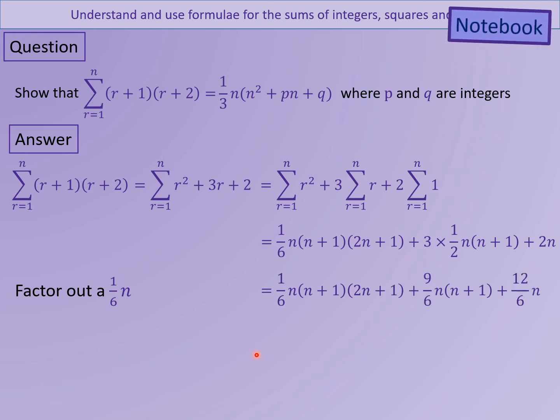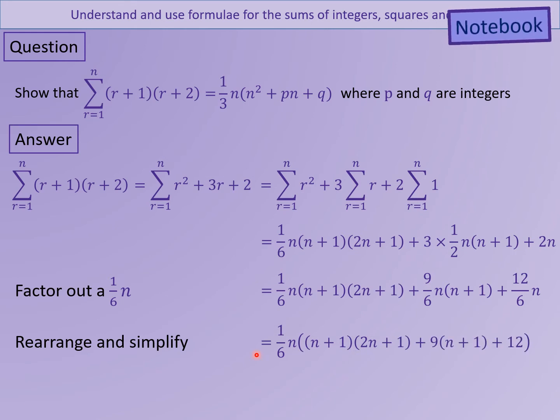So by doing that, we're going to end up with a sixth n at the front, and then everything else expands here. So we've still got n plus 1 times 2n plus 1 here for the first term. The second term, the 3 over 2 has been multiplied by 6 to give us 9.